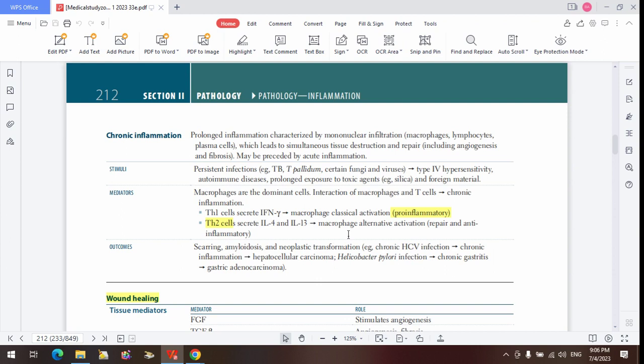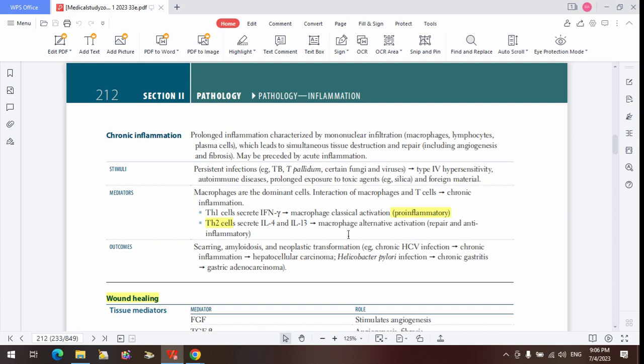T cell is now further stimulating them by releasing gamma interferon. Once the gamma interferon comes in contact with the macrophage, it will make them activated in the pro-inflammatory manner, the classic pathway, and they'll start elaborating inflammatory mediators that will try to destroy the offending agent as well as the neighboring tissue.